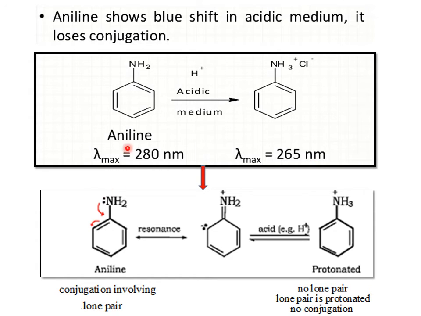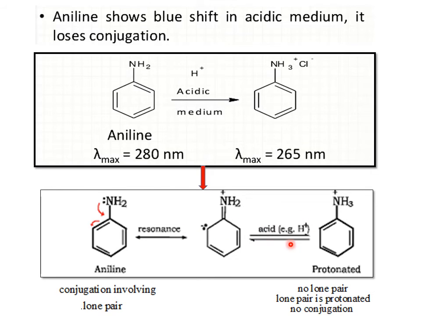So what happens in the mechanism? In the last slide we discussed removal of conjugation. The removal of conjugation moves the absorption towards a shorter wavelength. I am taking aniline. Conjugation is involved with the lone pair electrons, so resonance is happening.